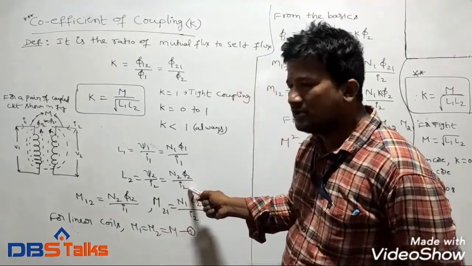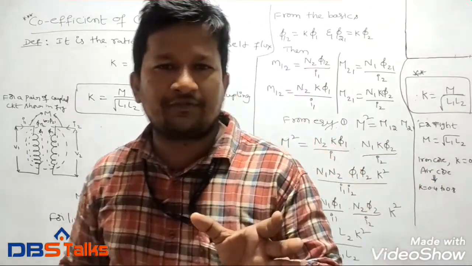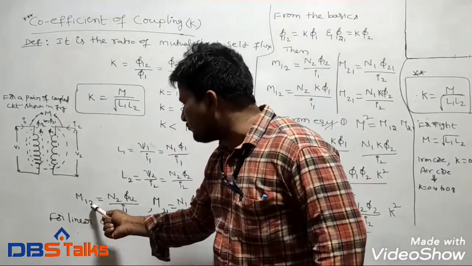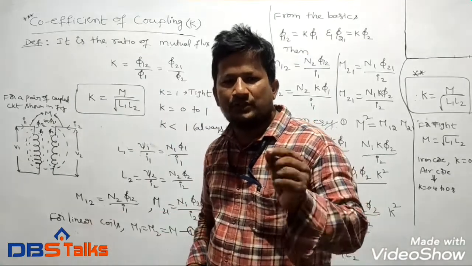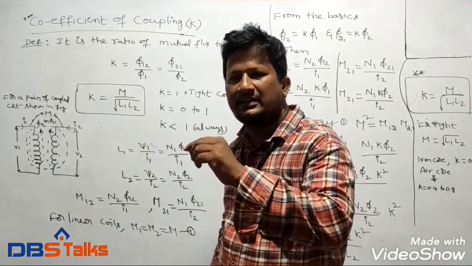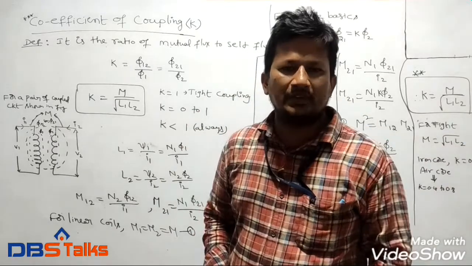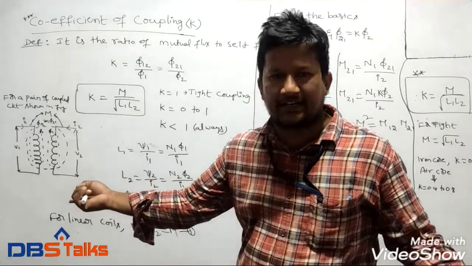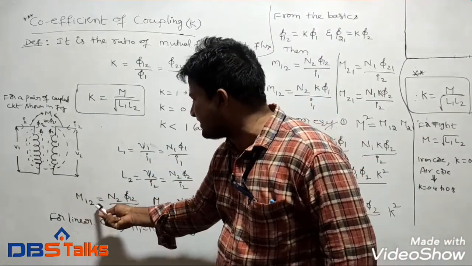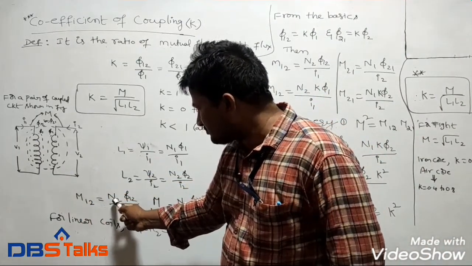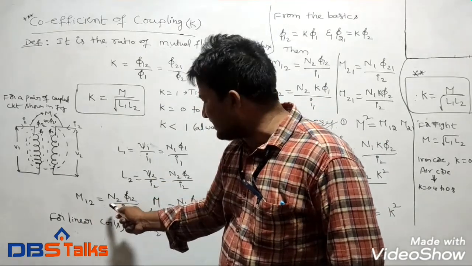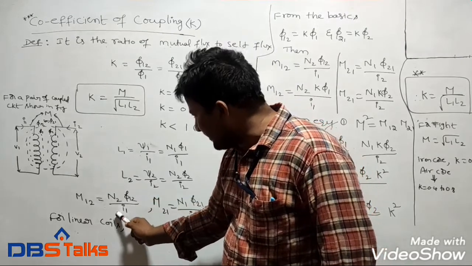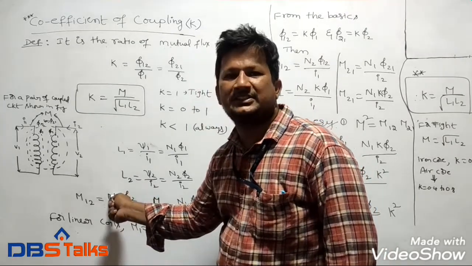How much mutual flux is interlinking from the first coil to the second coil is nothing but M12. It is the mutual flux produced in the secondary coil because of the primary current, or in the primary coil because of the secondary current. So M12 is N2 phi12 divided by I1, because of the primary current, secondary flux is produced.